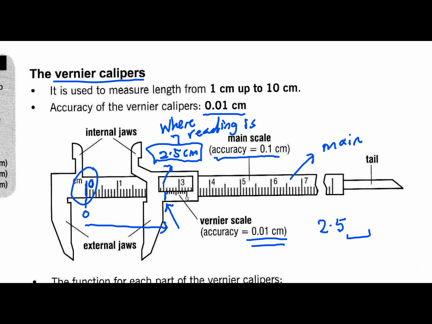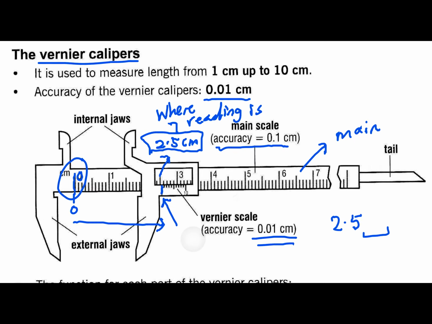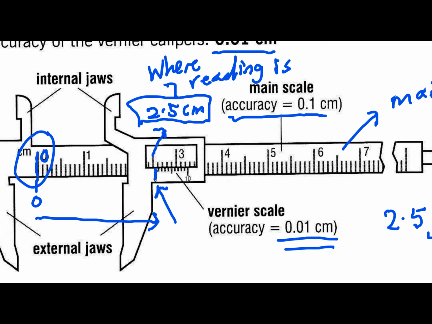Now, what is the second decimal number? To do that, you need to find out the marking that is aligned both top and bottom, and this line is the line that's aligned top and bottom.